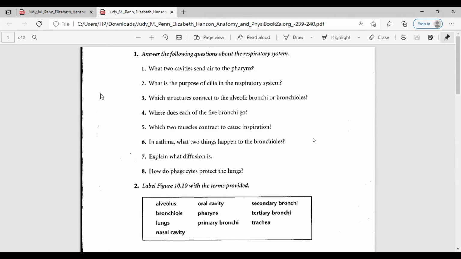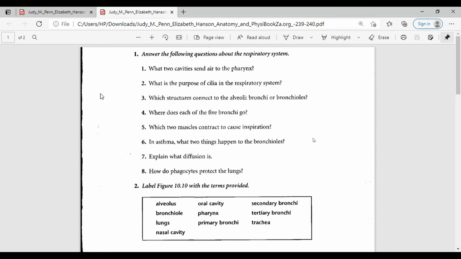Just to remember, air will travel through the trachea, and the trachea will branch into bronchi. Air goes to the bronchi, and next to the bronchioles and the alveoli.